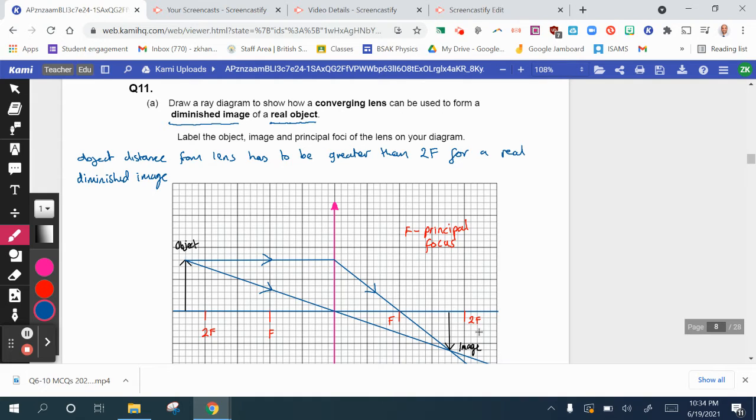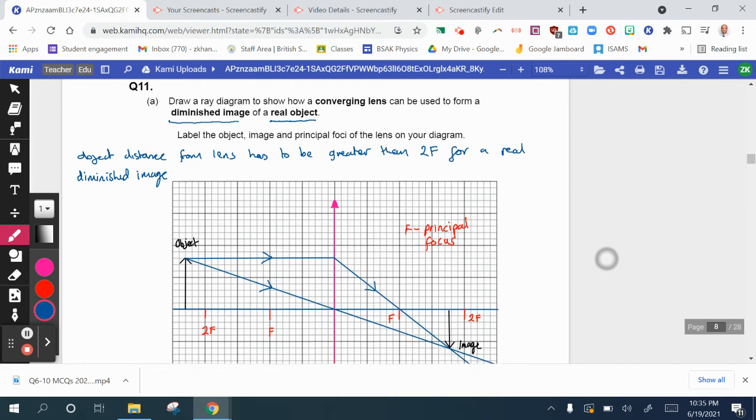If you place the object at the focal point, there will be no image created on this side. And if you place the object closer than the focal point to the lens, you will see a virtual image produced on this side.